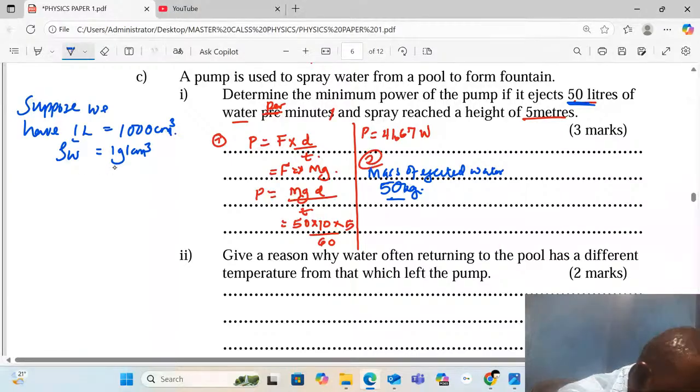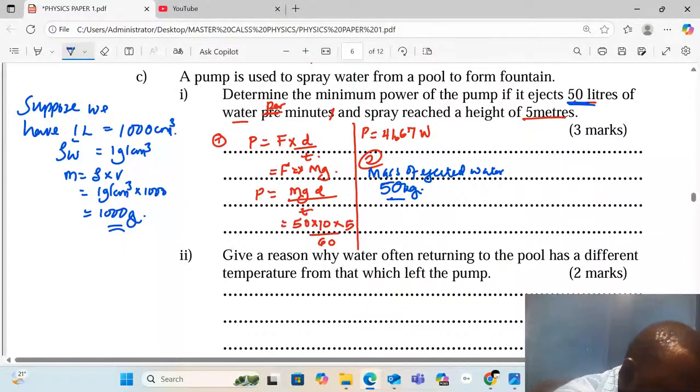So suppose now we ask ourselves, what will be the mass? It is supposed to be density times volume. So 1 gram per cubic centimeter times 1,000 cubic centimeters. This will lead us to 1,000 grams.